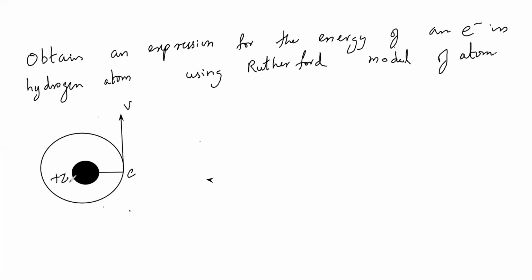Plus Ze, the nucleus charge. Let r be the radius. So, solution for this. First one, Ze, the positive charge, correct? It is the charge of the nucleus.